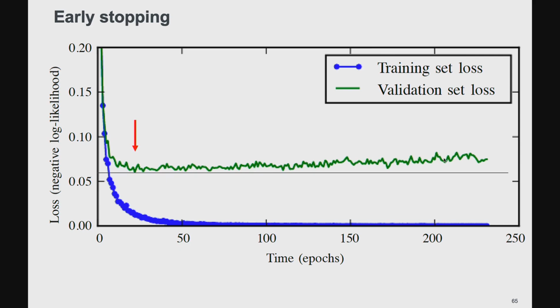So what you want to do is determine an optimal point. The optimal point is here where you hit this horizontal bar, and that's the point that you want to take to fix your classifier. And this is early stopping.